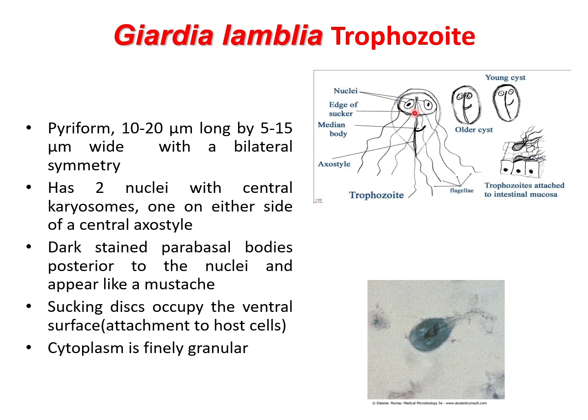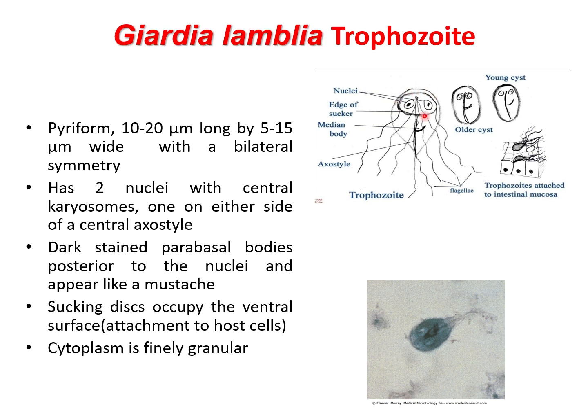First of all, these trophozoites of Giardia lamblia are pyriform and have a bilateral symmetry whereby an axostyle divides the trophozoite stage into two equal parts. The trophozoite has also two prominent nuclei, each of which has a central karyosome.